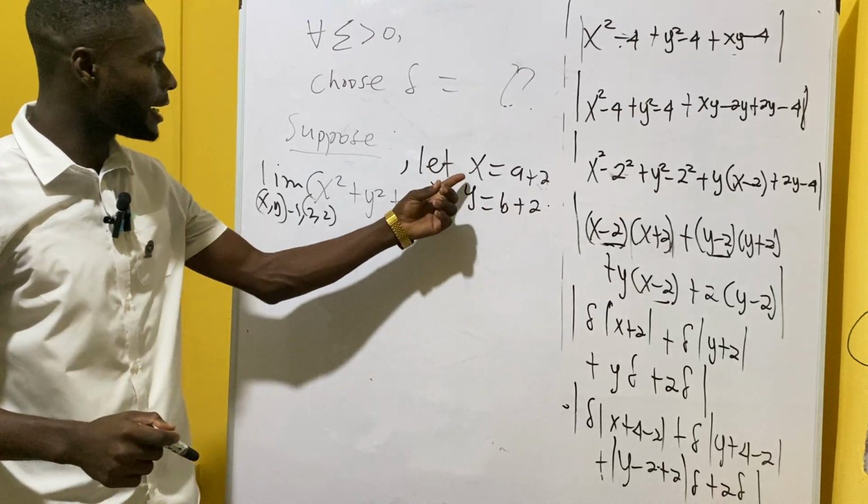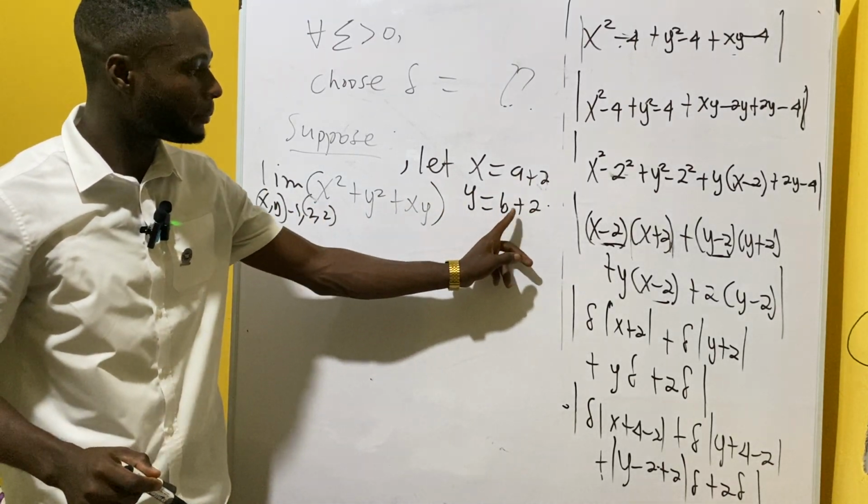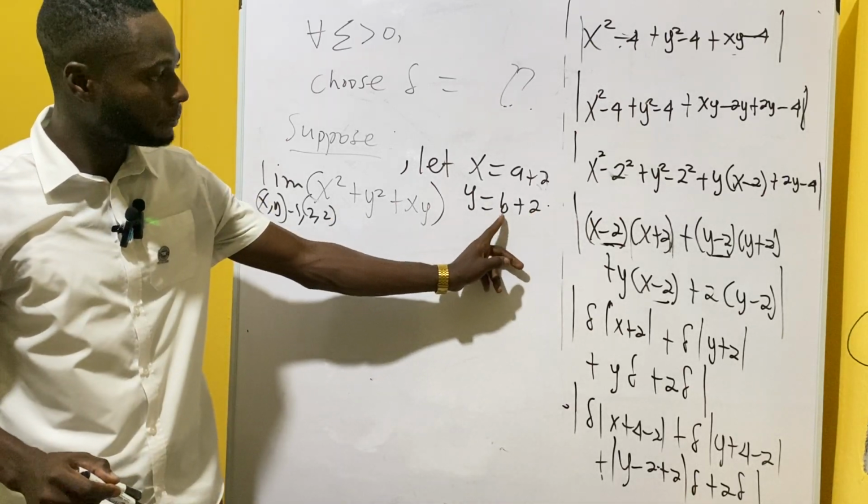So wherever you see x, you put a plus 2, and then wherever you see y, you put b plus 2, right?